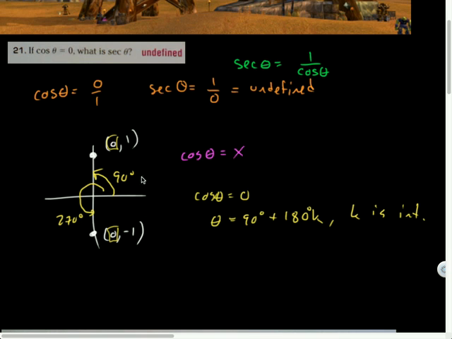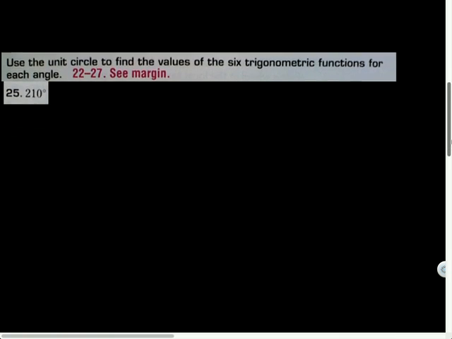So cosecant, being the reciprocal of 0, 1 over 0, would also be undefined at those locations. And cotangent, I believe, also has some... actually, wait, now I have to think about it. I don't know. Anyways, we'll come back to those far down the road. It'll be fine.